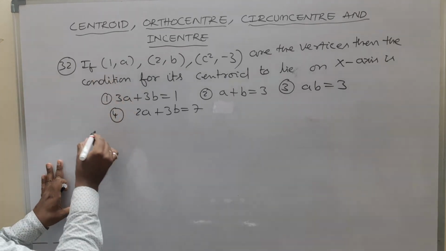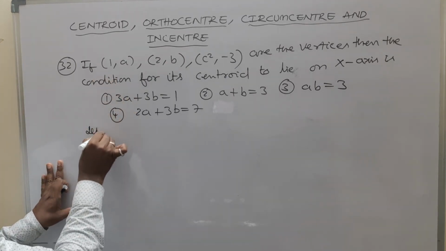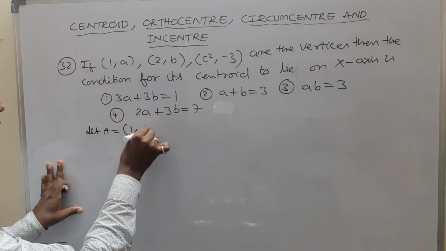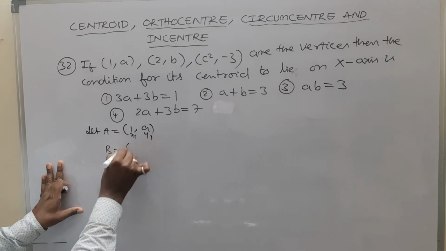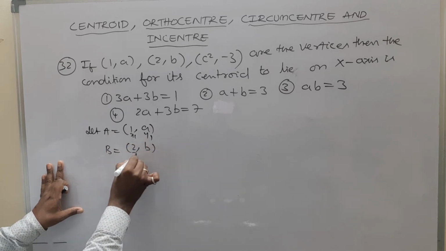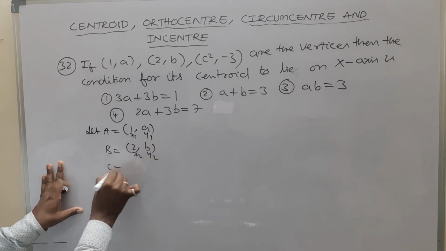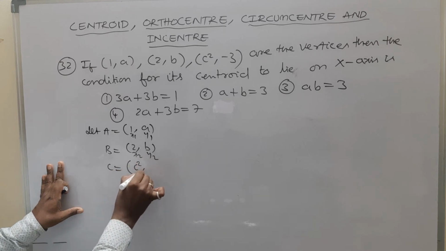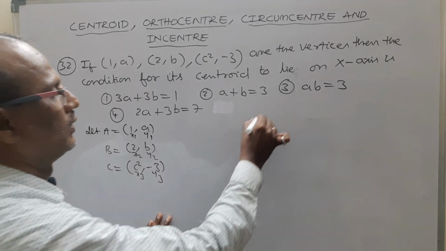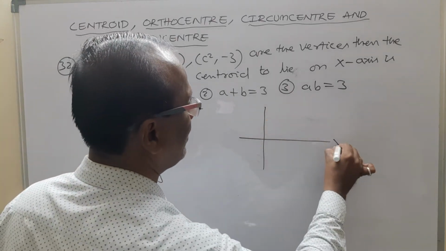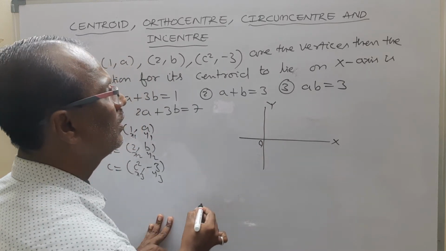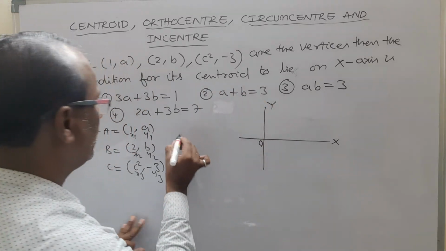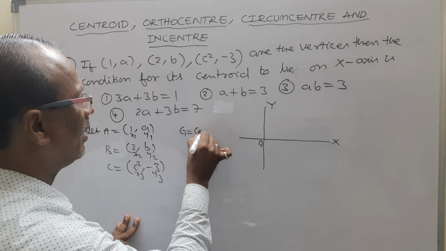Here the first vertex of the triangle, let A equal (1, a), that is x1, y1; B equal (2, b), x2, y2; C equal (c square, minus 3), x3, y3. This is the coordinate axis, x-axis, y-axis.